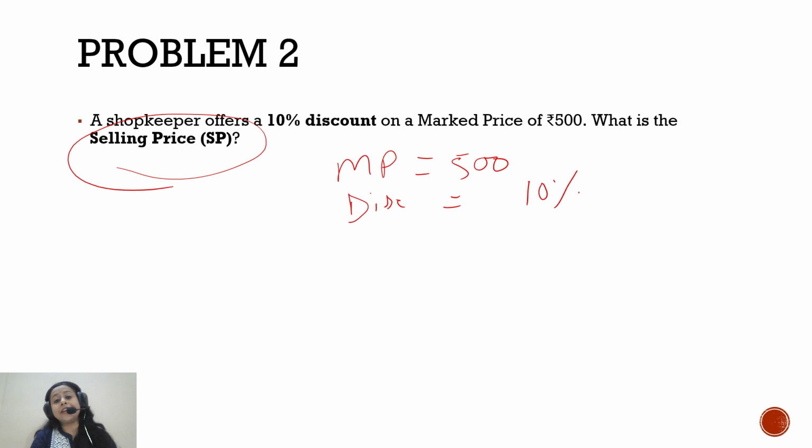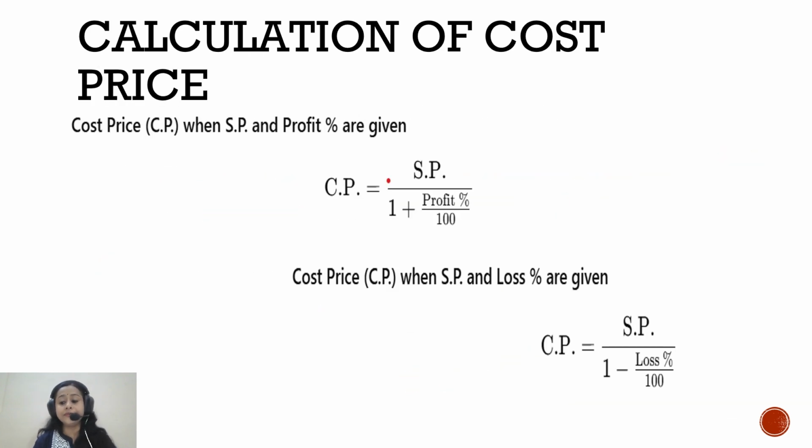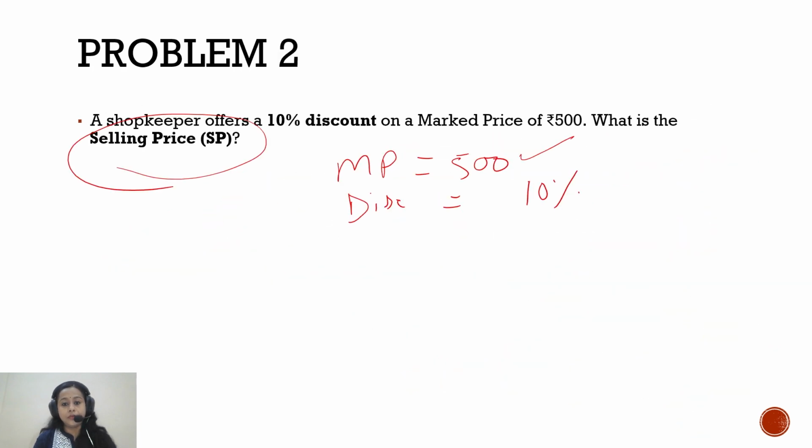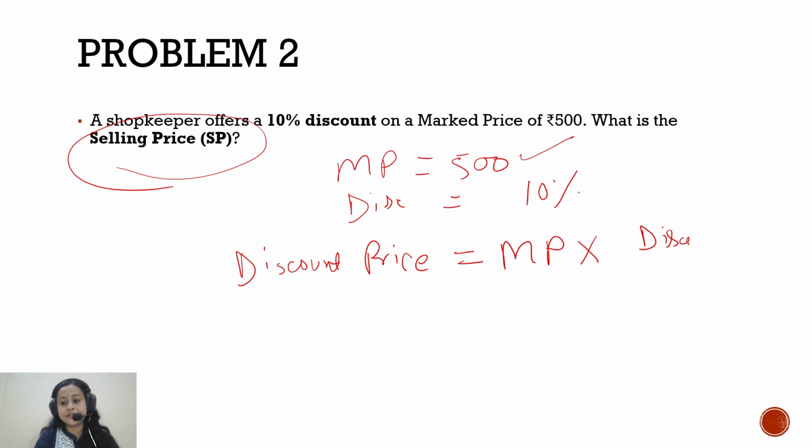Now, in order to find the selling price, since the marked price is given, we first have to find the discounted price. After the discount, what is the price and what is the formula for that? The formula for discount price is marked price into discount percentage by 100, right? Please write down this formula.